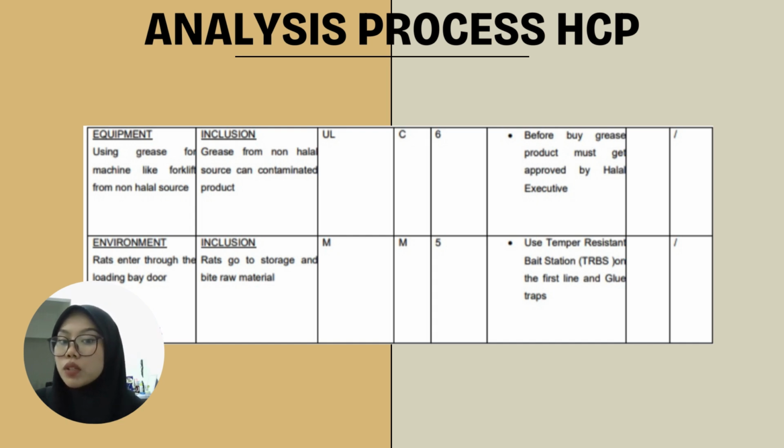So when this happens it will be moderate, and the risk ranking is five. To avoid this, the workers need to use a temporary rodent bait station, which is TRBS, on the first line, and glue traps for the rats.